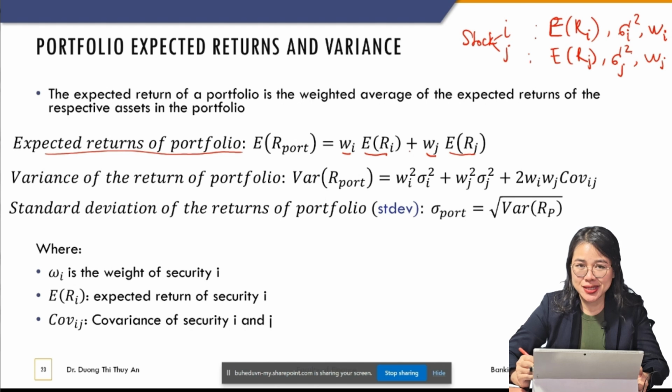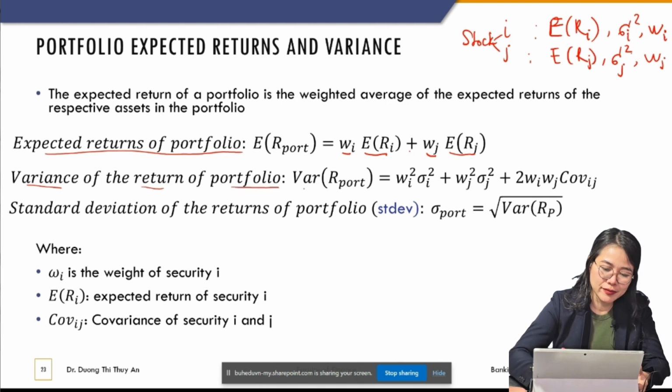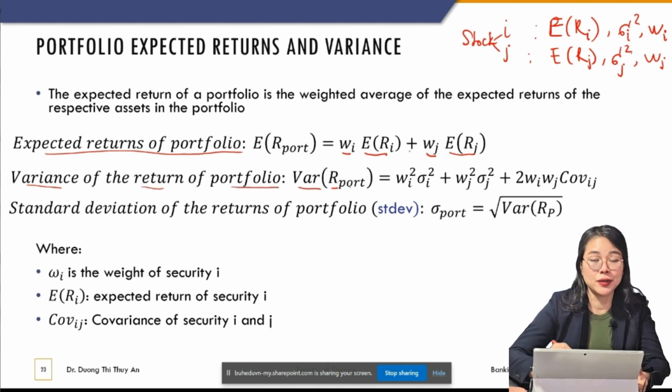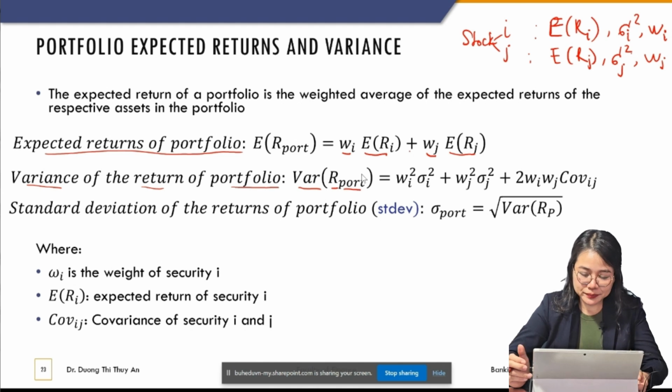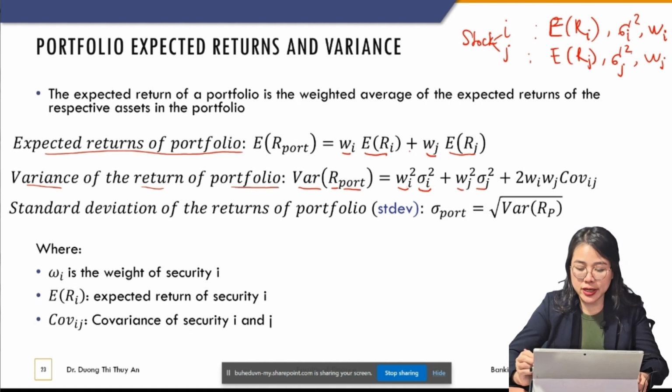And are we going to do the same with variance? Look at the variance of the return of a portfolio. Okay, look at this. The square of the weight of stock I multiplied by the variance of stock I, plus we do the same for stock J, plus 2 multiplied by the weight of I, the weight of J, and the covariance IJ.